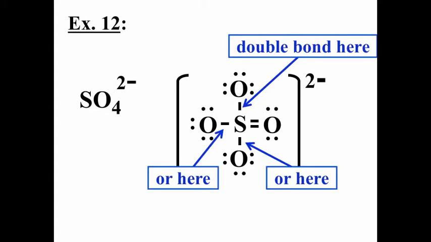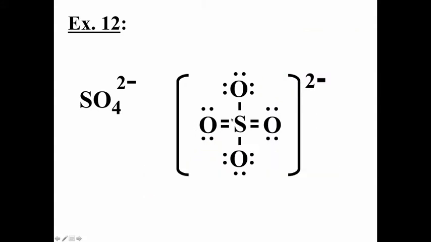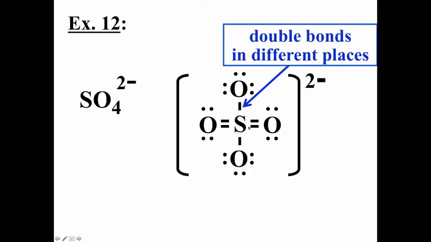Going back a minute, where there's a lone pair and a single bond, we could have that lone pair go in between the oxygen and the sulfur and have a second double bond, so we could have 2 double bonds to the sulfur atom, 1 from one oxygen and 1 from another, and of course those could happen in different places as well.